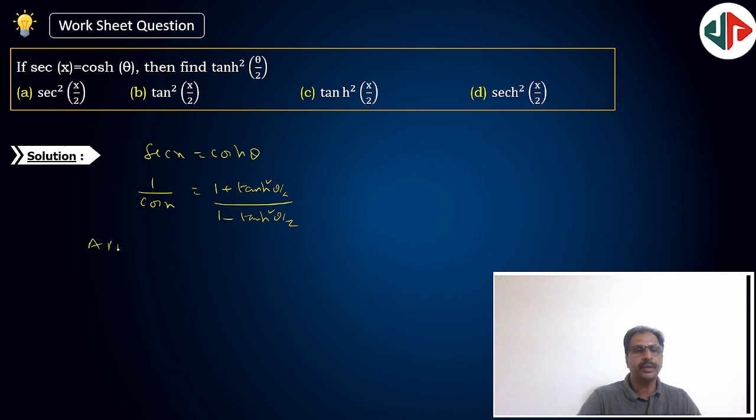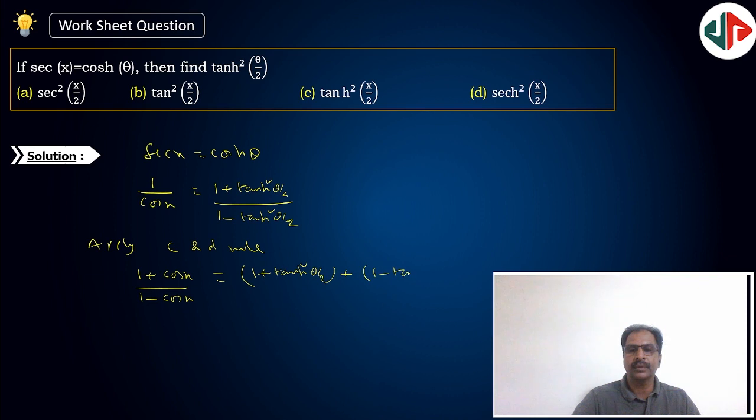Now apply componendo and dividendo rule for this, which means 1 plus cos x by 1 minus cos x is equal to 1 plus tan h square theta by 2 plus 1 minus tan h square theta by 2 by 1 plus tan h square theta by 2 minus 1 minus tan h square theta by 2.